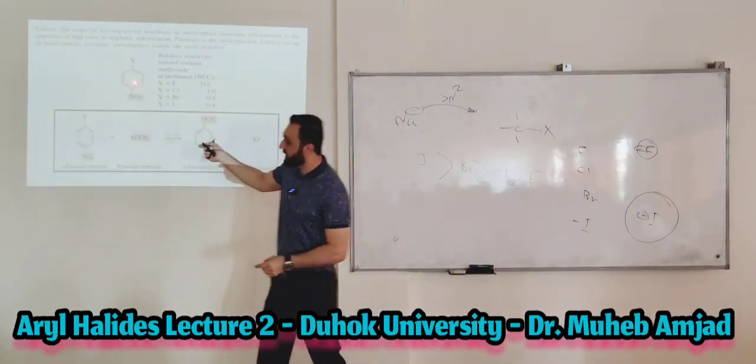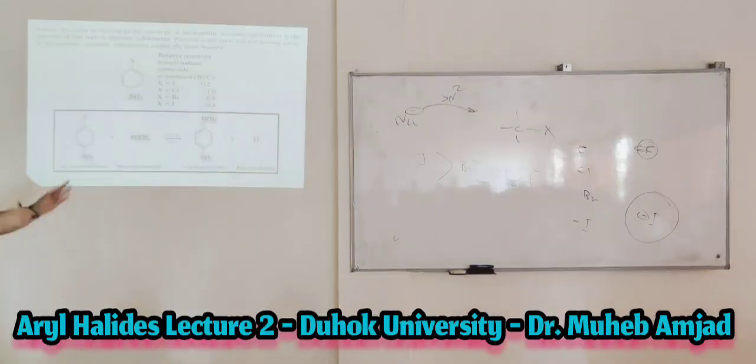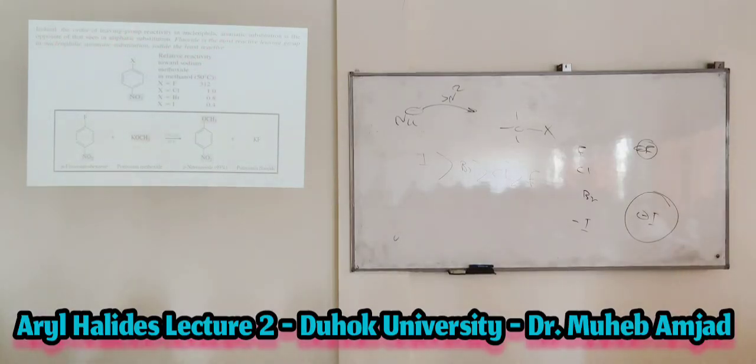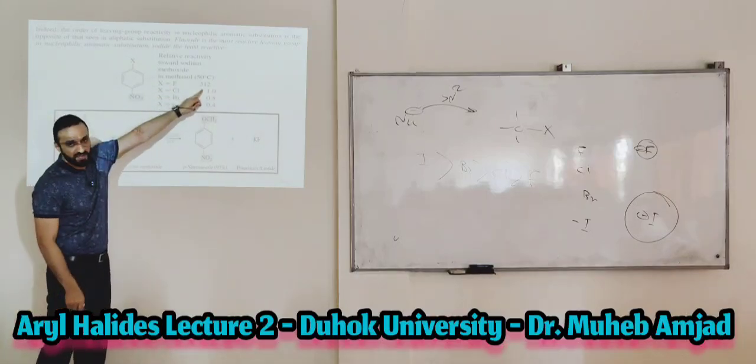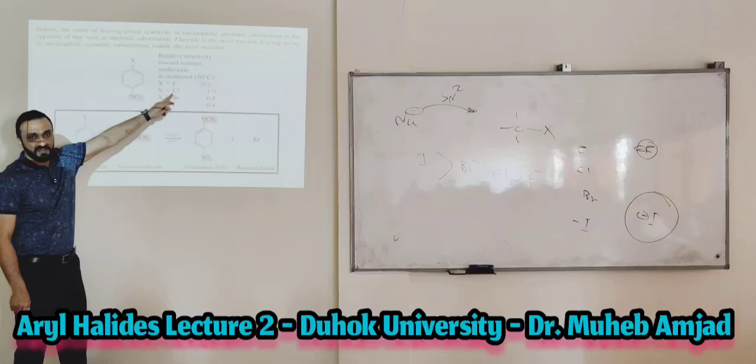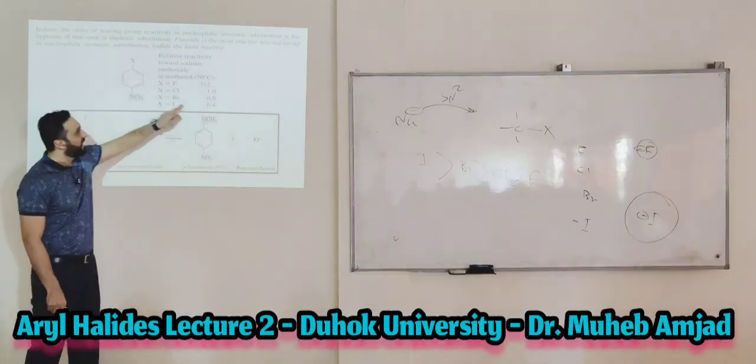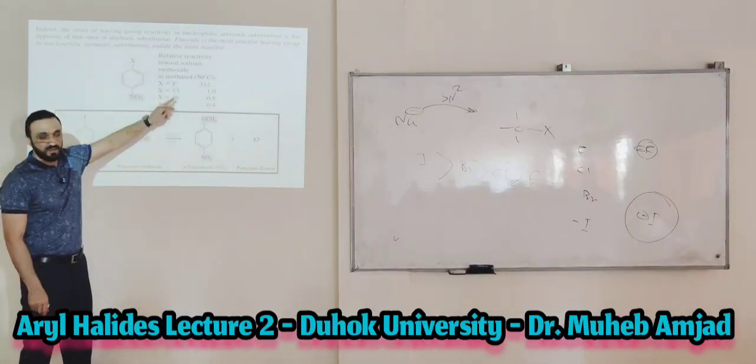Here in nucleophilic aromatic substitution, the situation is reversed. It will be opposite. The fluor will be the faster one, and the chlor will be slower than the fluor, and the brom slower than the chlor, like that.